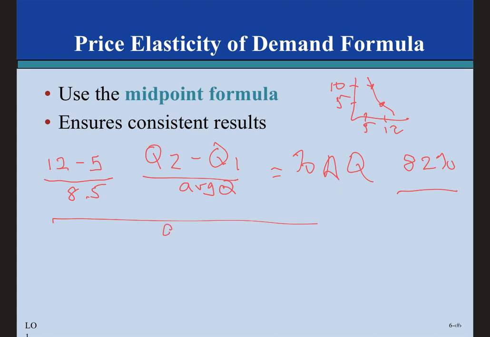So now we want to do the percentage change in price. It's going to be the exact same thing, except now with price, P2 minus P1 over average P. So in this case, P2 was 5. The second price was the lower price, 5 minus 10, and this is where we're going to get the negative number from, which makes sense because we're talking about the law of demand, and this is going to be over 7.5.